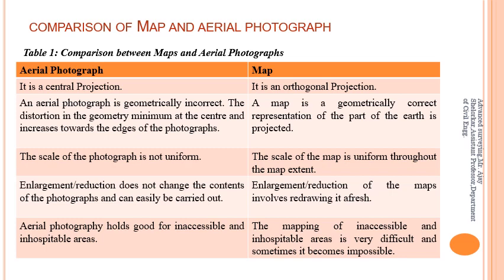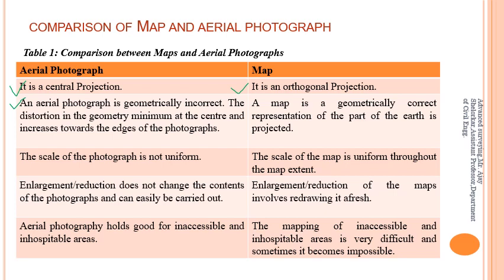This is the comparison of the map and aerial photographs. An aerial photograph is a central projection. A map is an orthogonal projection. An aerial photograph is geometrically incorrect.